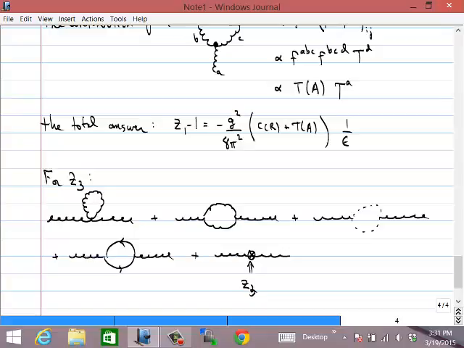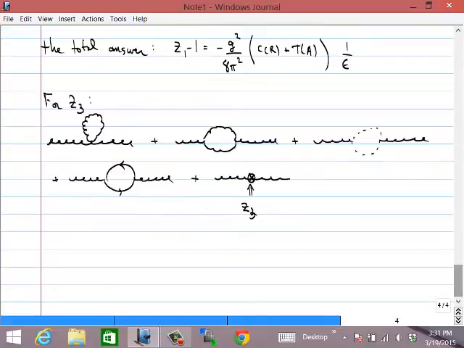So, just very schematically, if you did this, you would get an answer which is proportional to a function that in QED we called pi of k squared times k squared g mu nu minus k mu k nu.